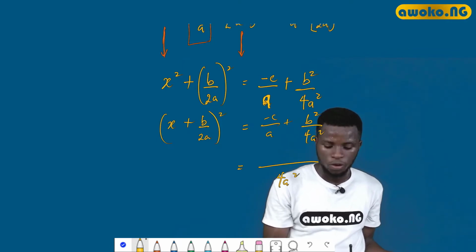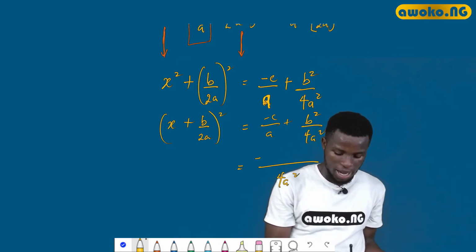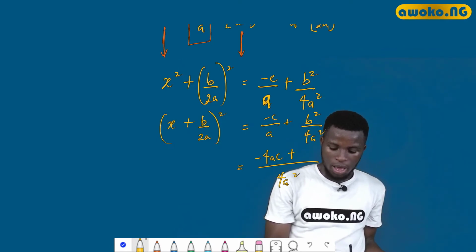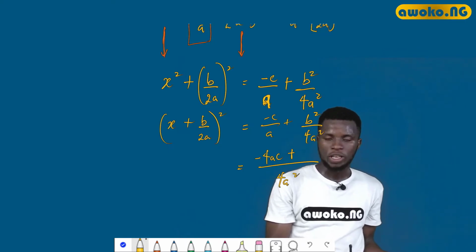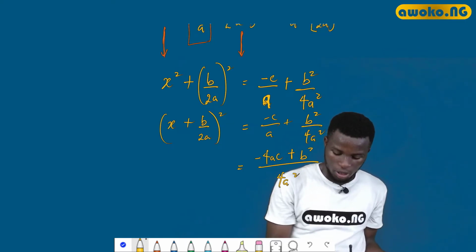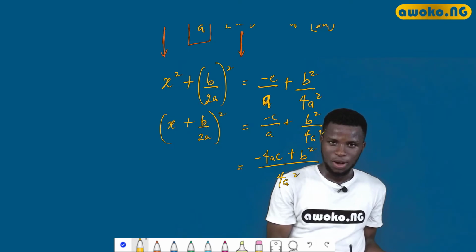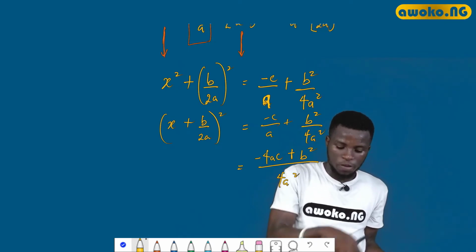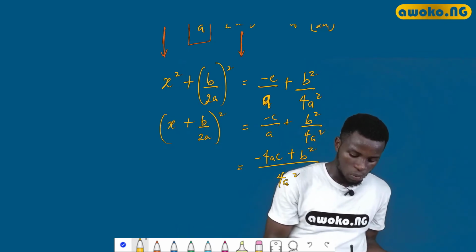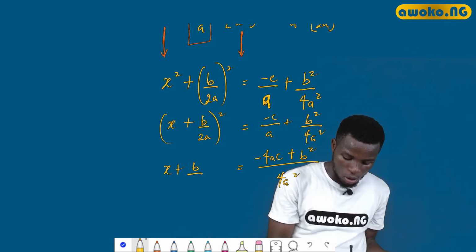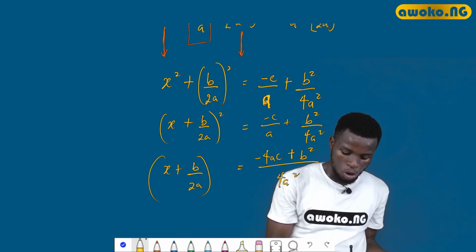Of course, we have 4a. 4a times minus c gives minus 4ac, plus 4a squared goes in 4a squared one time, and we have b squared. If we now bring back the left hand side, we have x plus b over 2a all squared.